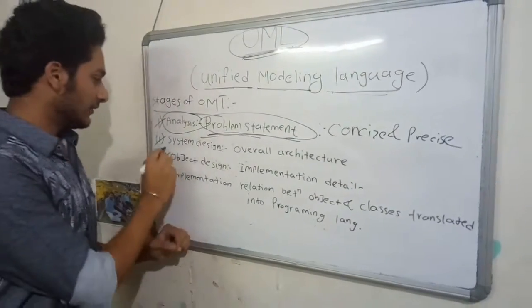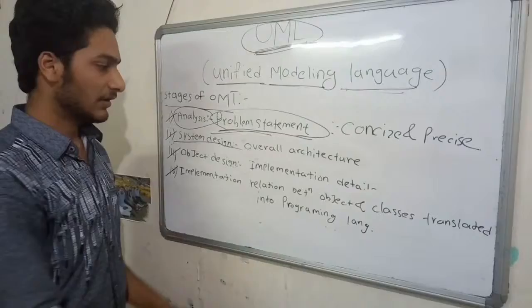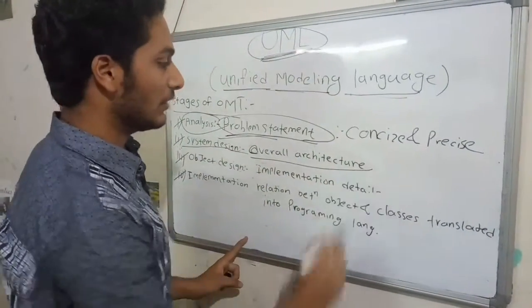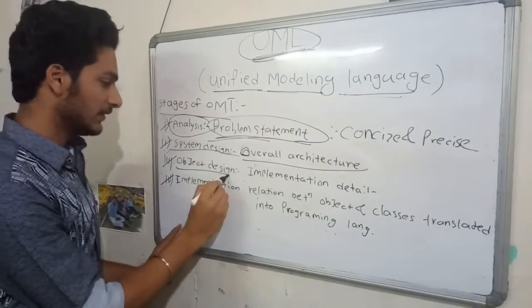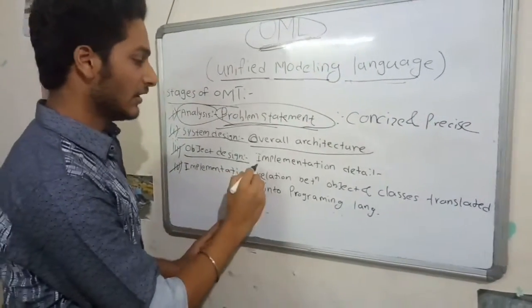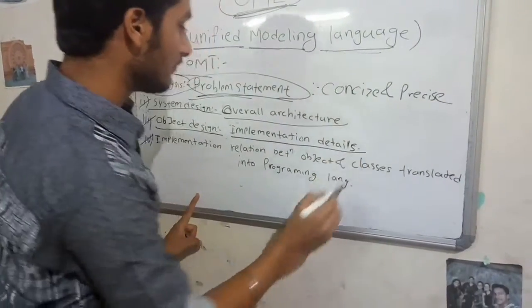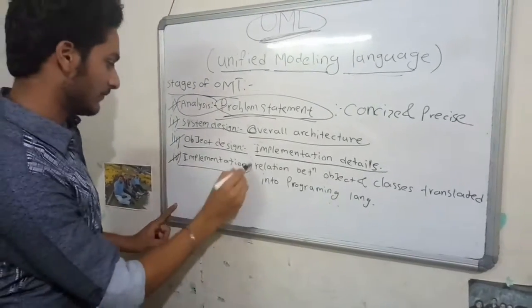The second phase is the system design phase. The system designer deals with the high level, overall architecture of the programming model. The third phase is the object design phase, which contains the overall implementation details of the model. The fourth stage is implementation.